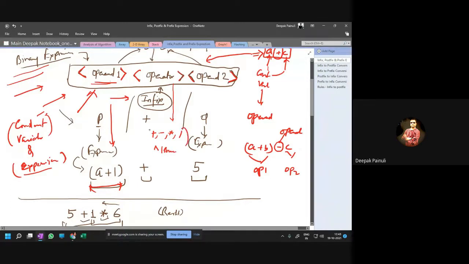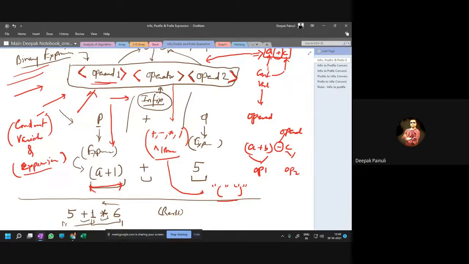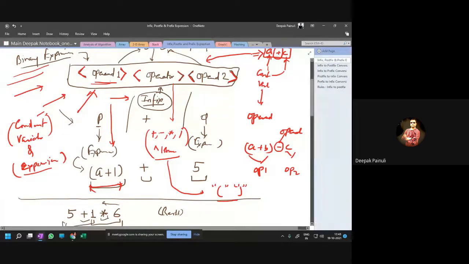This will be our operators in our case, right? Remember one thing, brackets will not be considered as operators because they don't perform any operation. They will only be used for separation of any expression or any constant or variable, right?